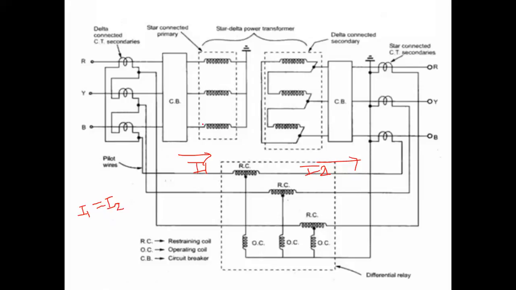There is a normal operating condition when I1 is equal to I2, which means no fault has occurred. Then what will be the current flowing through this operating coil? If there is a normal working condition and I1 is equal to I2, what is the value of current flowing through this operating coil?